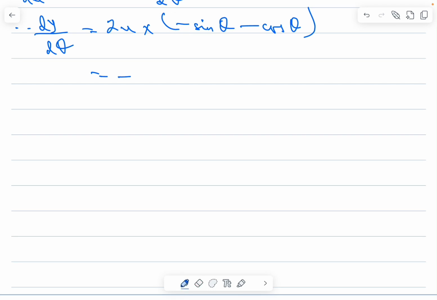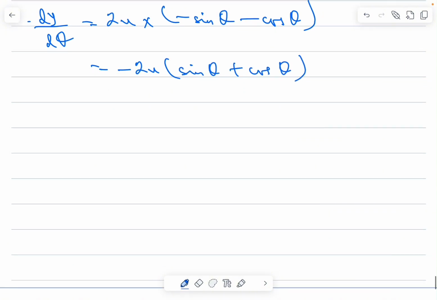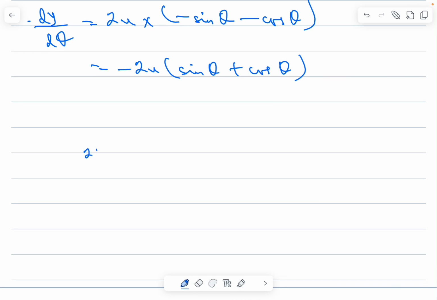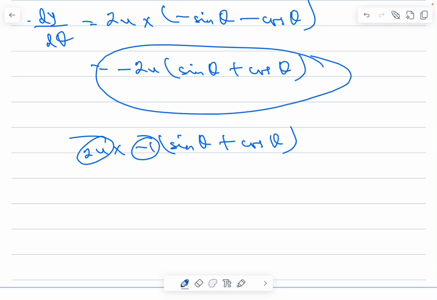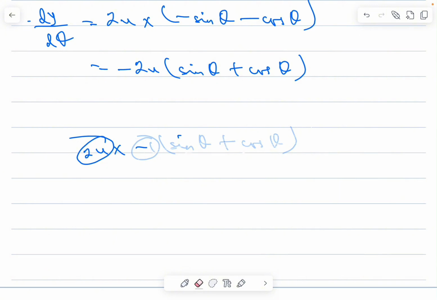So that will be minus 2u into bracket sin theta plus cos theta. What I've done there is 2u times minus 1 into bracket sin theta plus cos theta. Then minus 1 can multiply 2u to give minus 2u. So we have minus 2u into bracket sin theta plus cos theta.